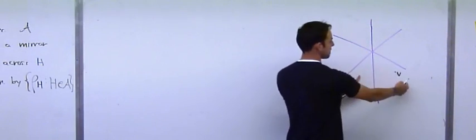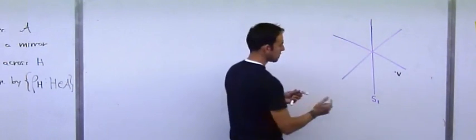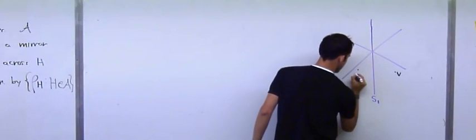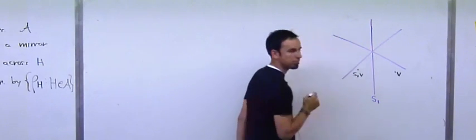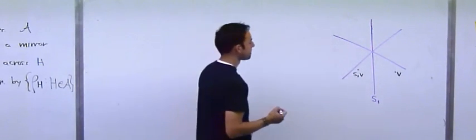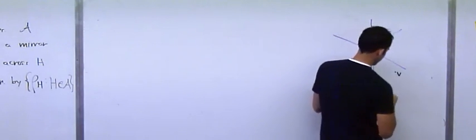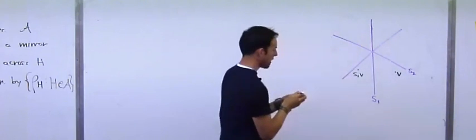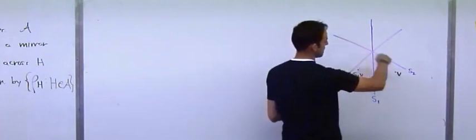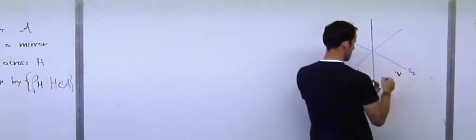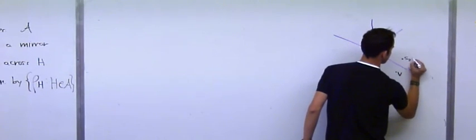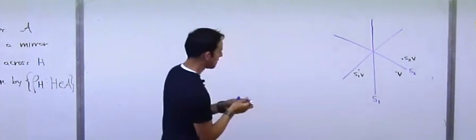Reflect across this hyperplane. So if you take V and you reflect it across here, you get the point S1V. Here's another one. Another group element is reflection across the hyperplane S2. So if this is V, then this guy right here is S2V.